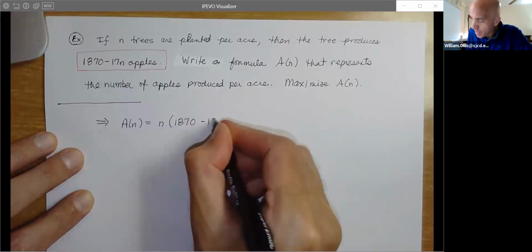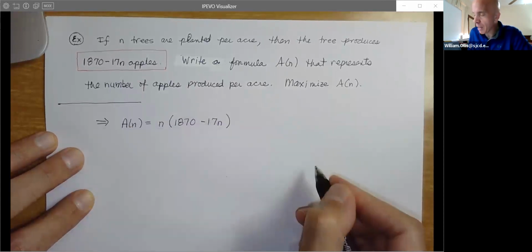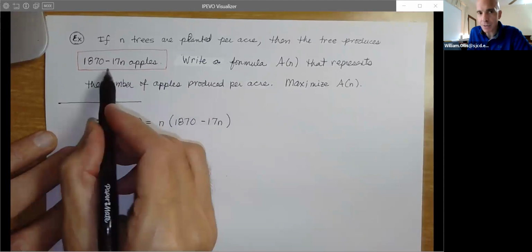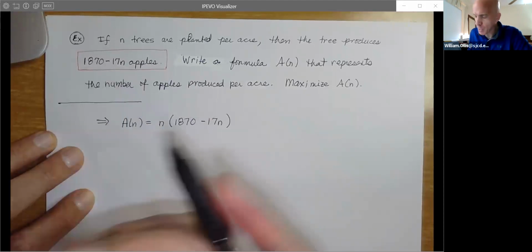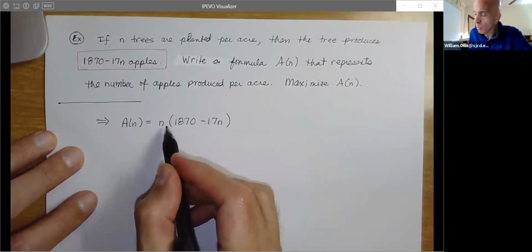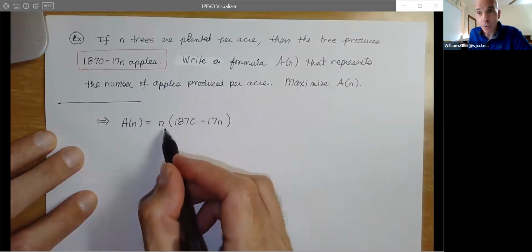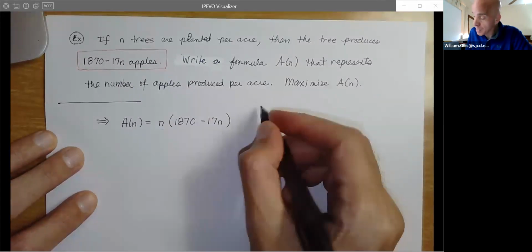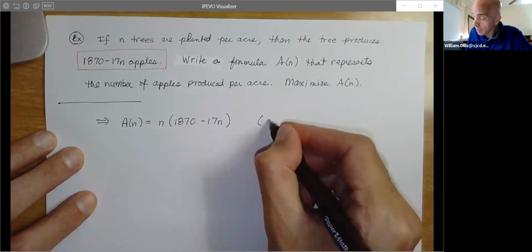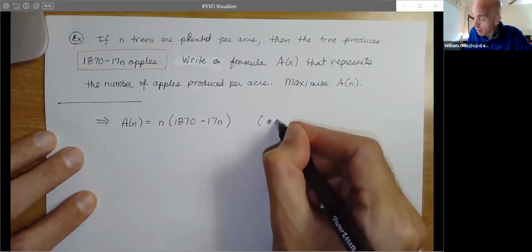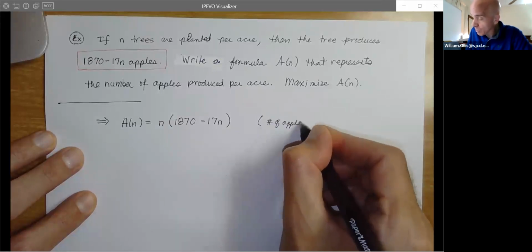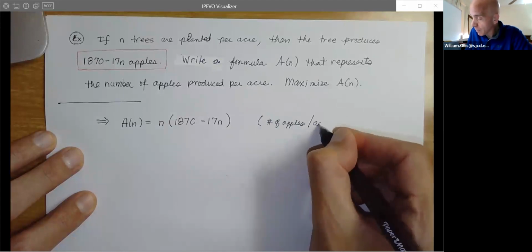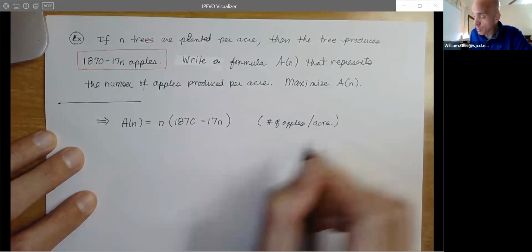I just wanted to phrase the problem in a way so you had to think about this. I could make it harder and have you come up with that, but this is fine. So now output per tree times the number of trees planted per acre. So this is the number of apples per acre, just to reinforce that. Okay, so there's our formula.